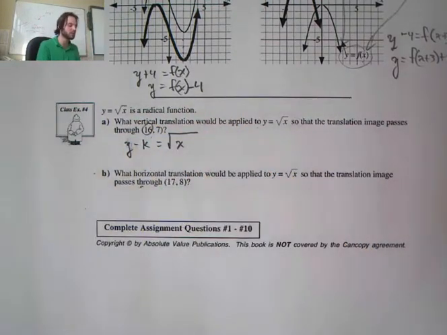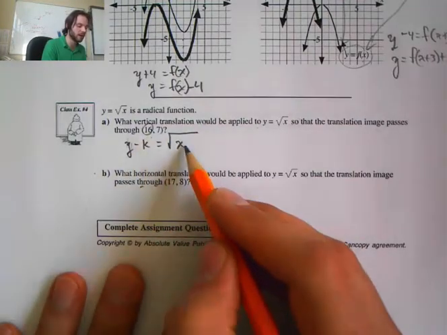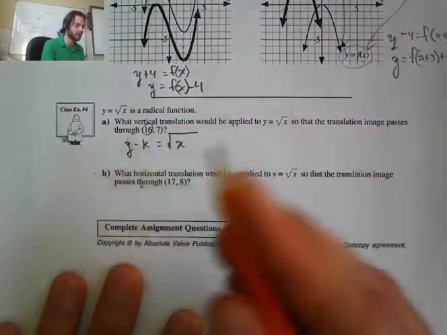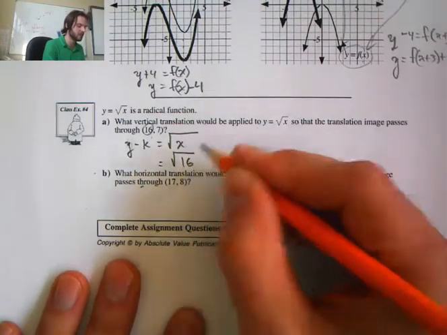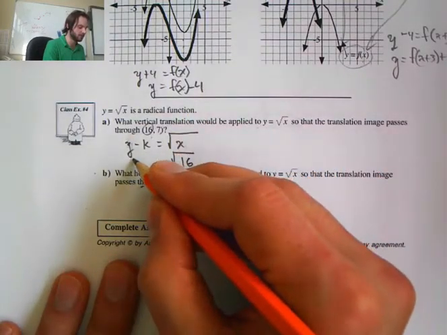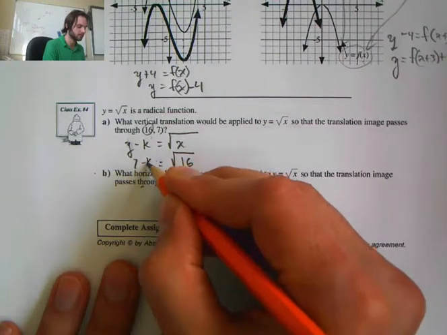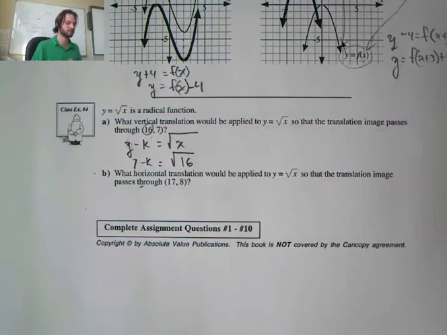So now let's put in my x value that we know and the y that we know. So we have square root of 16, and my y value should be 7.